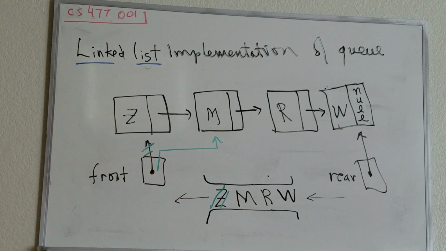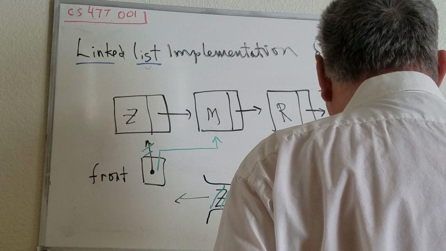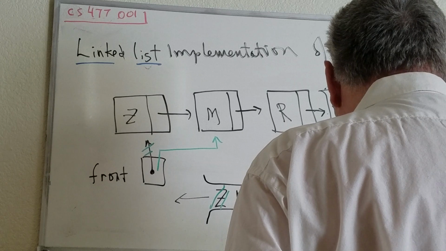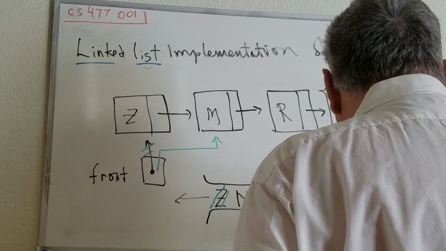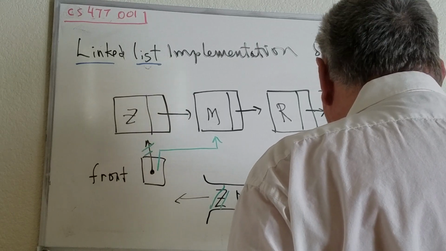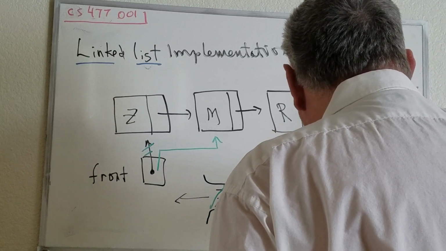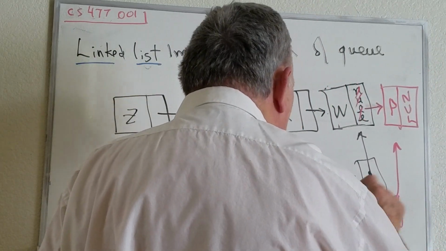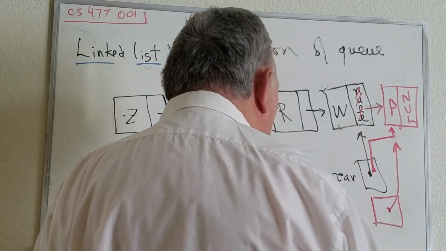Now, how do you add an item? Inserting an item is not that difficult. What we have to do is create another node here, call this null, and put in the correct letter here, and change this null to be the pointer to the new item, which we can copy from here, and then change the pointer on the rear to point to that item.